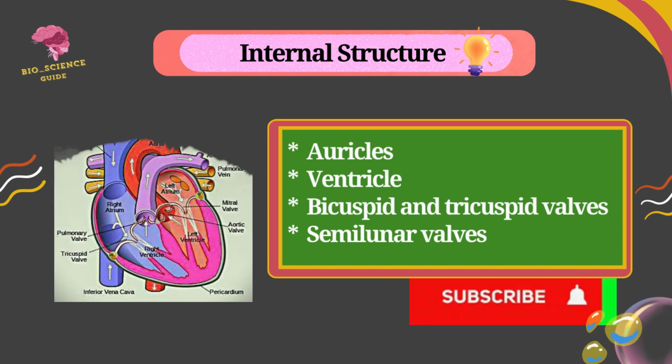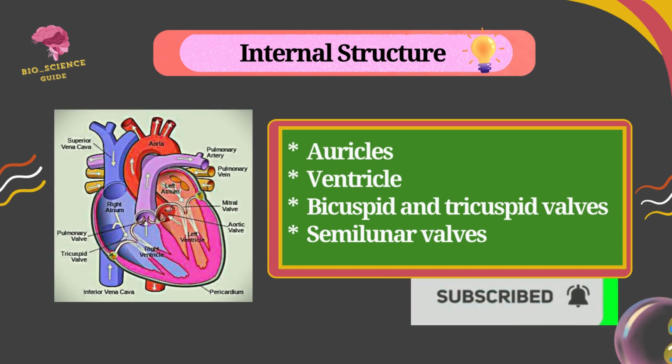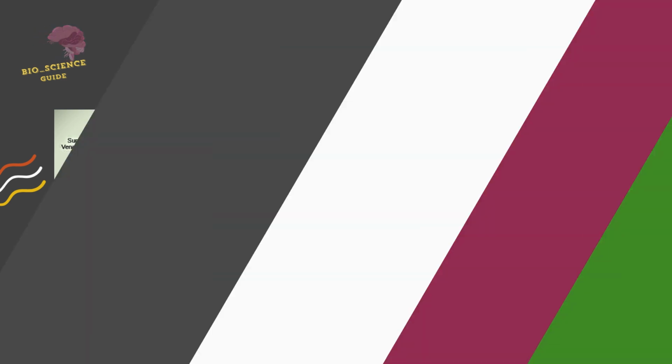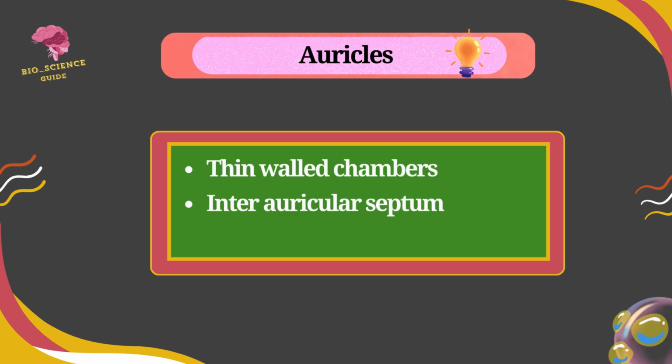The internal structure of the human heart consists of auricles, ventricles, bicuspid and tricuspid valves, and semilunar valves. Auricles are thin-walled chambers, internally separated by the interauricular septum.